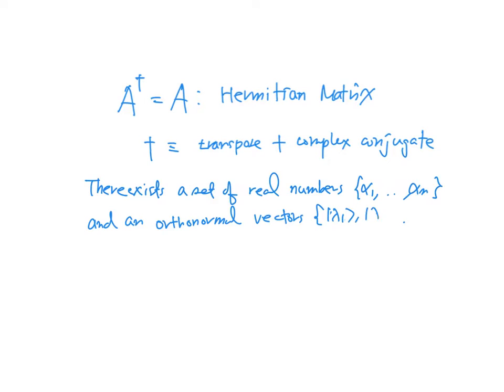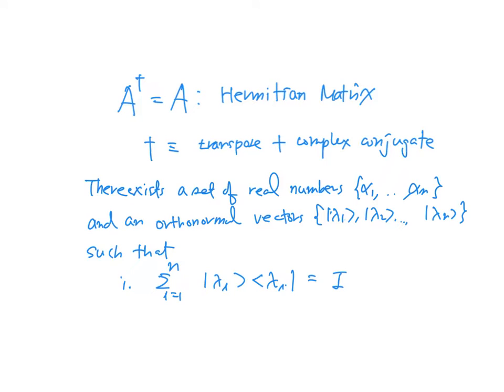Lambda 1, lambda 2, up to lambda n, such that A is the sum of alpha_i lambda_i lambda_i dagger, and the sum of lambda_i lambda_i dagger is the identity matrix.